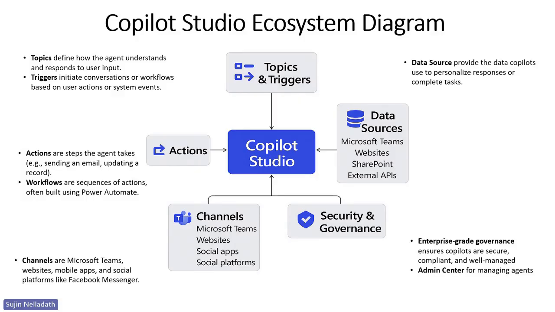With the data source, we give the data that would generate the generative response that will help your business. With security and governance, you are making your Copilot Studio secure, and this is the admin center for managing the agent. Obviously, when you put this out for the public, and for many users, you need to make sure that your Copilot Studio is always secure.